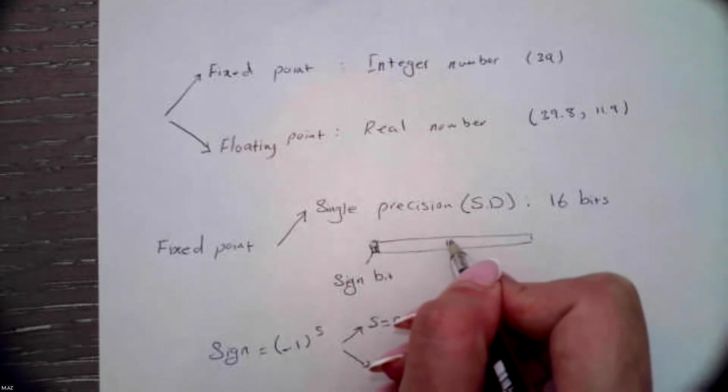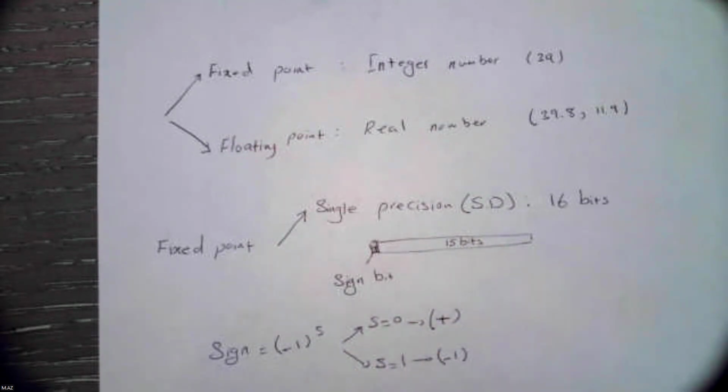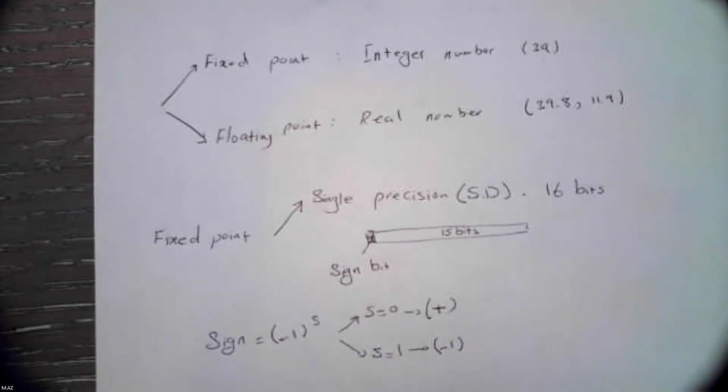Now we have 15 bits for storing a number on computers.